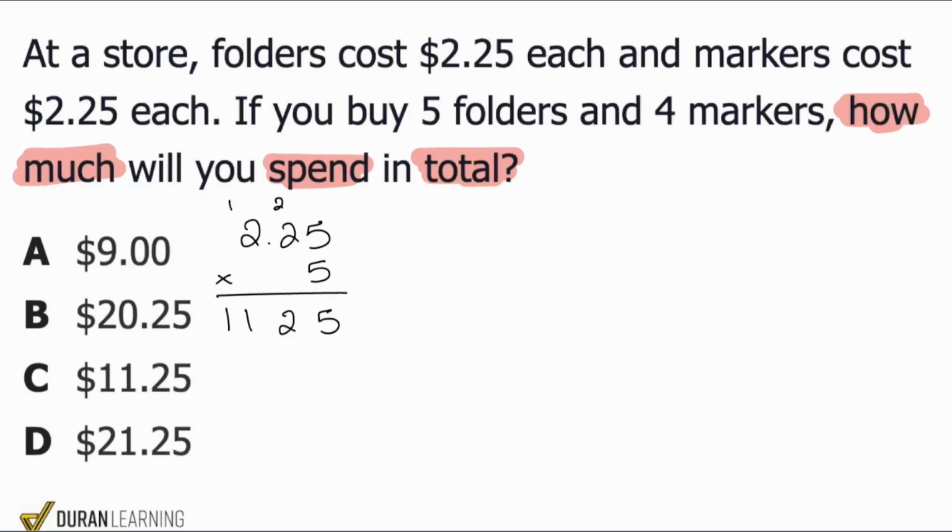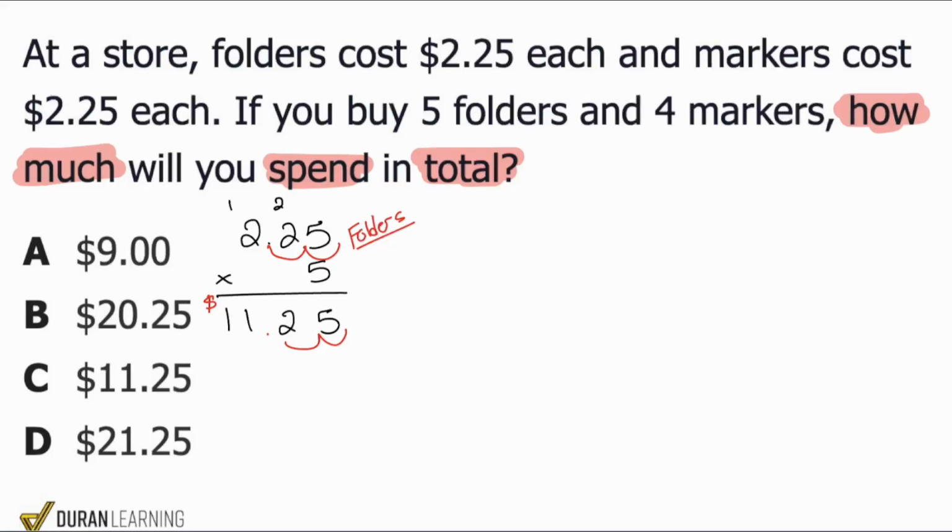So we have 1125, but everybody remind me, when we multiply by decimals, in this specific case, how many decimal places am I bringing back? Yeah, twice, because we see that we have 2 places right here, so we'll bring 2 places back. Boom, 1125 or $11.25. We'll keep that right there, because again, this was for the folders. And we'll come right back for that after we calculate markers.